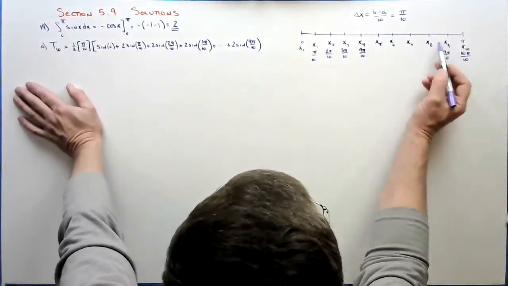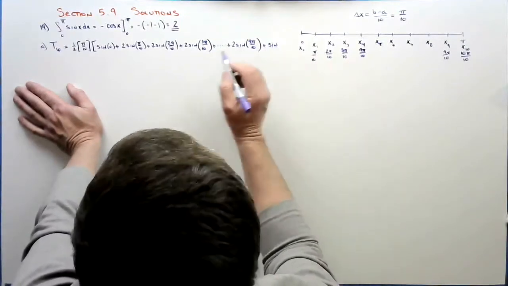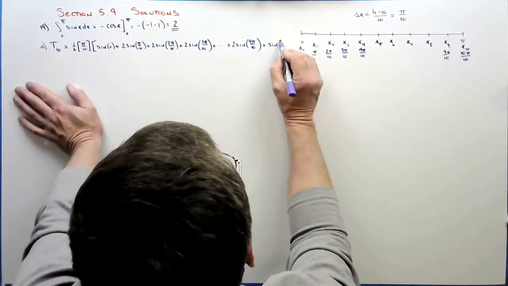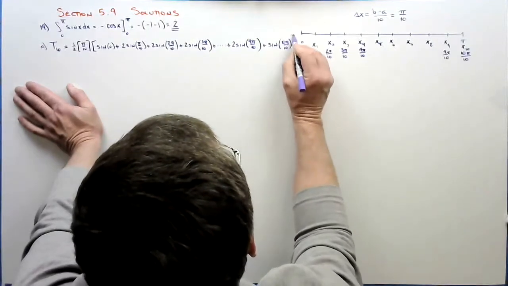All of our interior points are multiplied by 2 plus, and then our end points are just multiplied by 1. So that's going to be sine of 10 pi over 10.